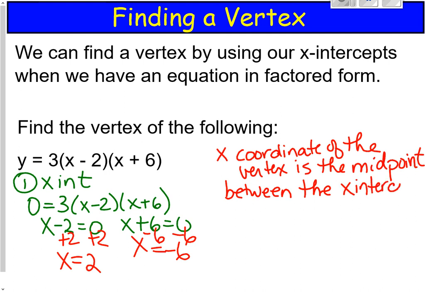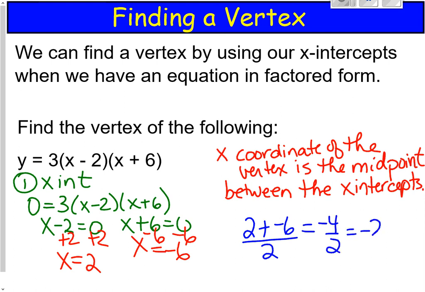So we're going to have to use our midpoint formula, which isn't hard. Remember, that's just the average. So we're just going to take this 2 plus negative 6, add them together, and divide by 2, which is going to give me negative 4 over 2, which is negative 2. So that is the x-coordinate of my vertex, at negative 2.